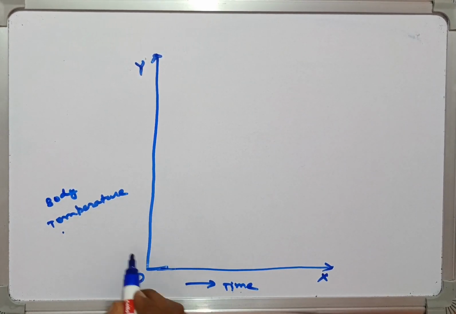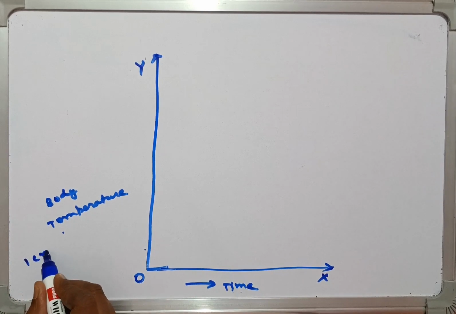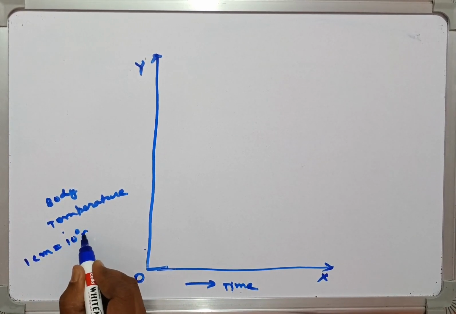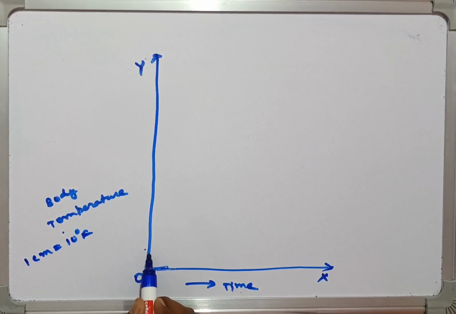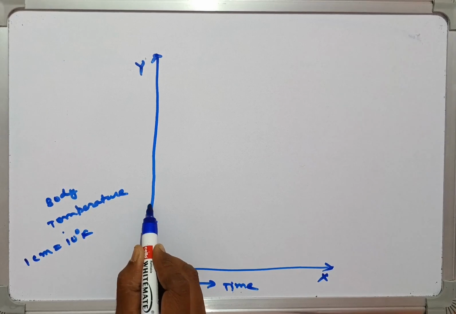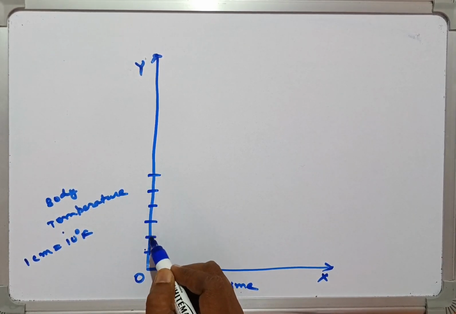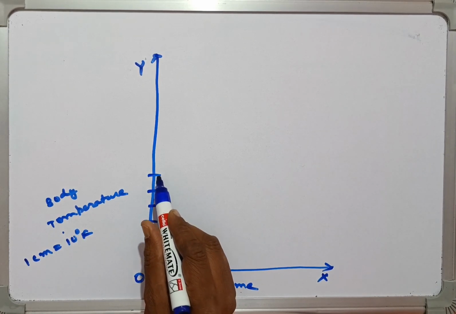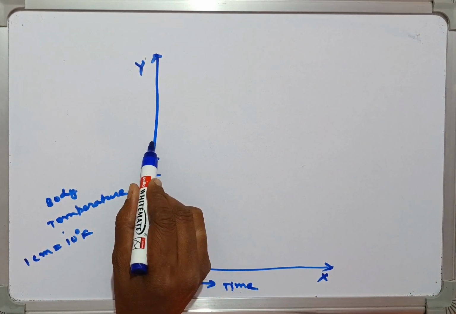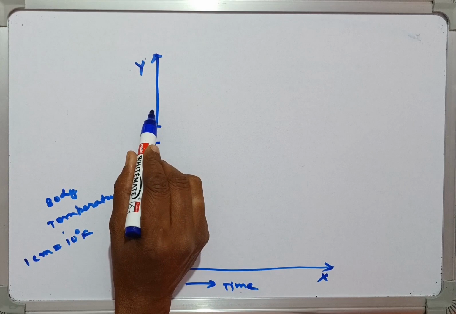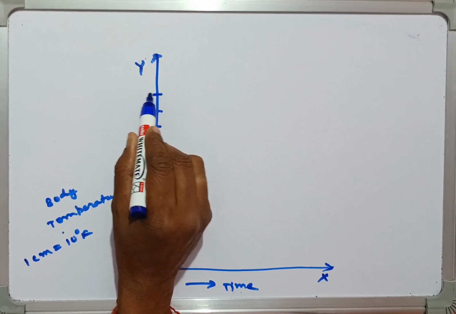Now here we scale down: 1 centimeter equals 10 degree Fahrenheit. First of all we draw here 1, 2, 3, 4, 5, 6, 7, 8, 9, 10 and here 11.